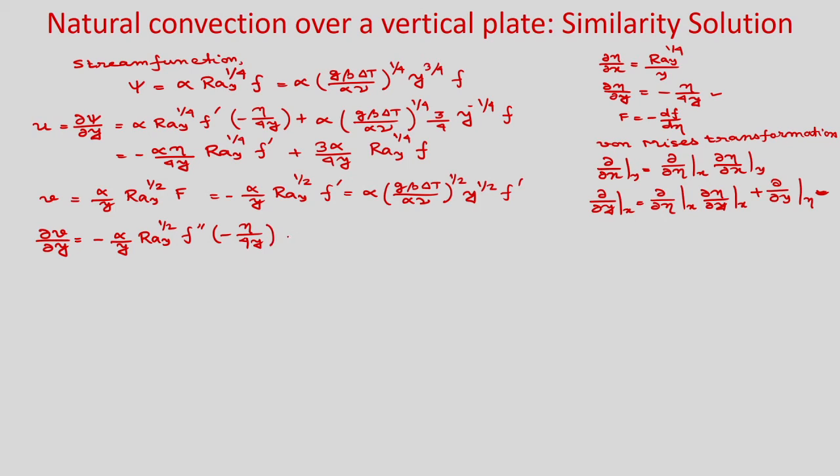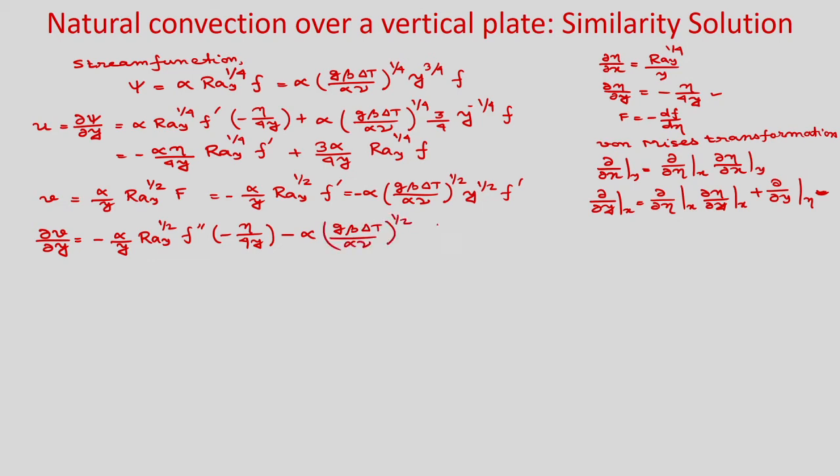Okay. Now, we have del of del y, right. So, del of del y of this you need to write. Here one minus sign will be there. So, it will be minus alpha g beta delta t by alpha nu to the power half.